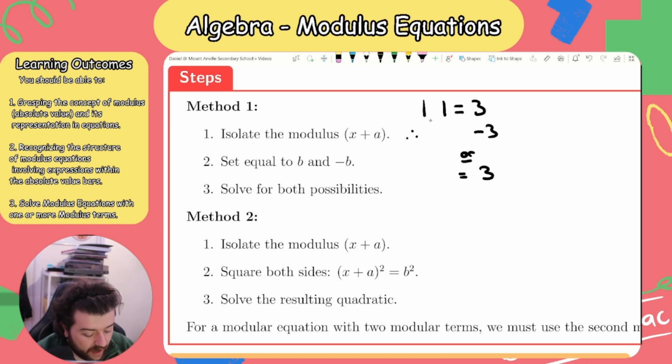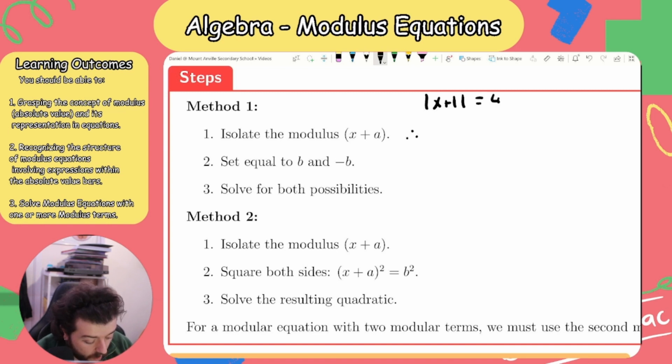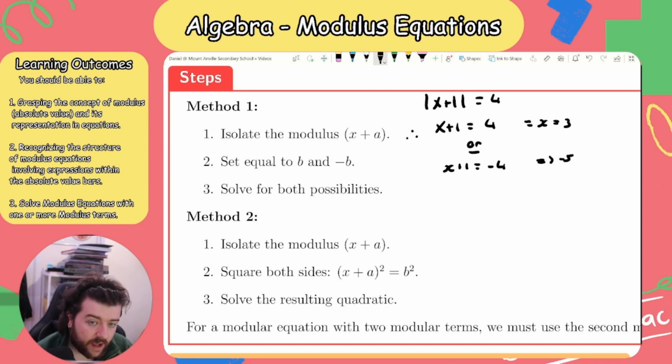And if I have an equation inside, like |x + 1| = 4, well, x + 1 has to equal positive 4, or x + 1 has to equal -4. So that is going to be x = 3, and that's going to be x = -5. Then we solve for both possibilities.